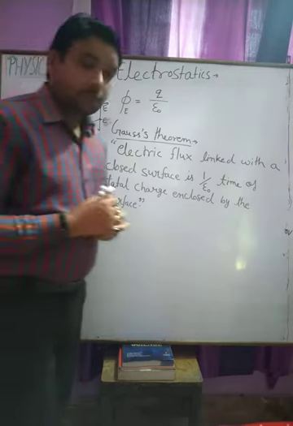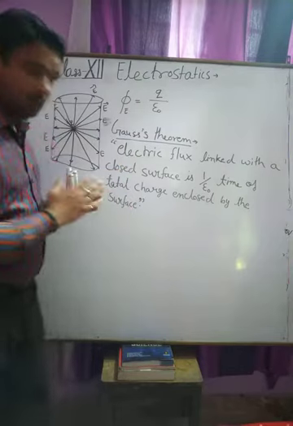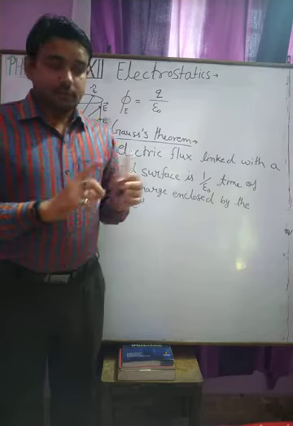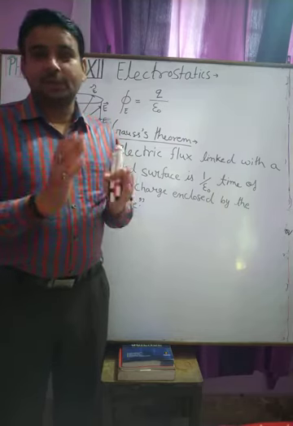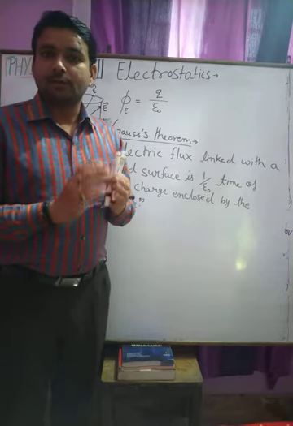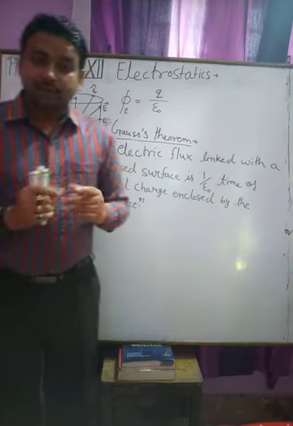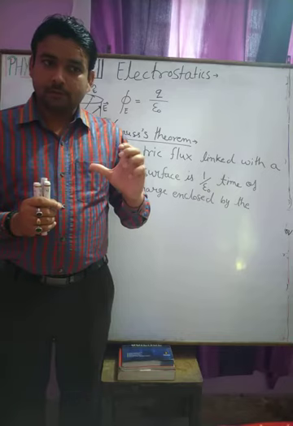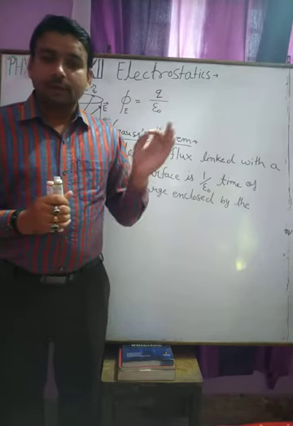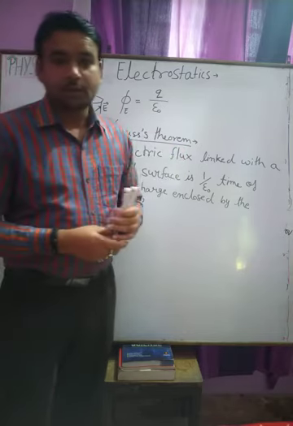Student, this Gauss law is a very important rule, and it is one equation you learn in electromagnetism. There are four equations formed by Maxwell, and these four equations explain all the phenomena based on the electromagnetic field.